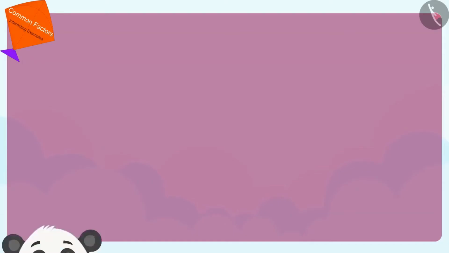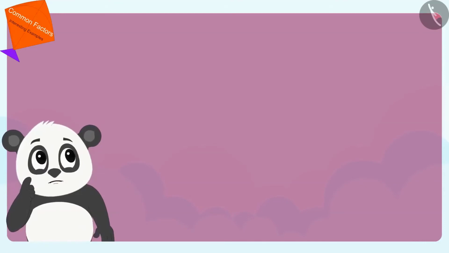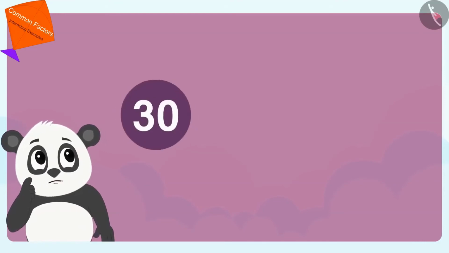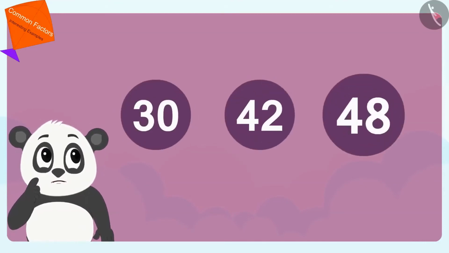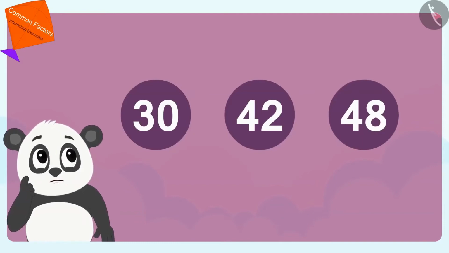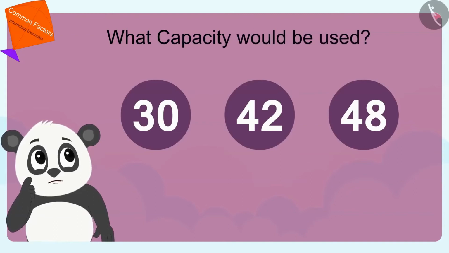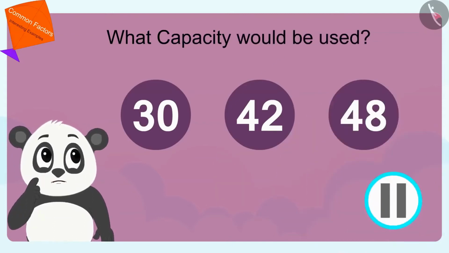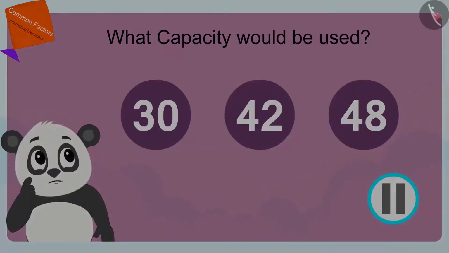Children, if Golu's pots were filled with 30, 42 and 48 liters of milk, can you tell what capacity would be used? If you want, you can pause the video and find the answer.